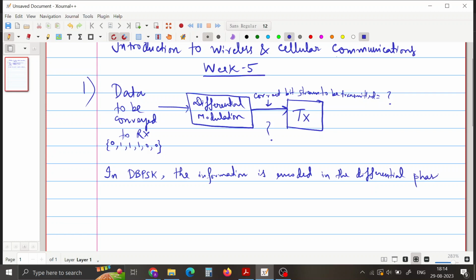That's why it's known as differential binary phase shift keying. So that is the idea. And here, the encoding is like, for bit 0 you'll have no phase change, 0-degree phase, and for bit 1 you'll have pi, which is a 180-degree phase change.